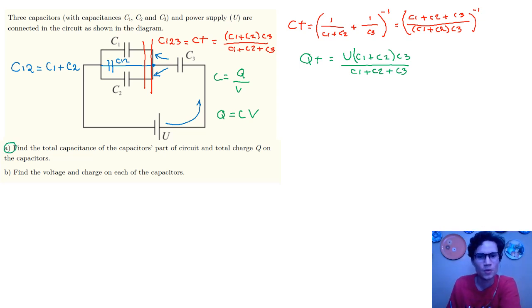Let's continue. We're looking for the voltage and charge on each of the capacitors.